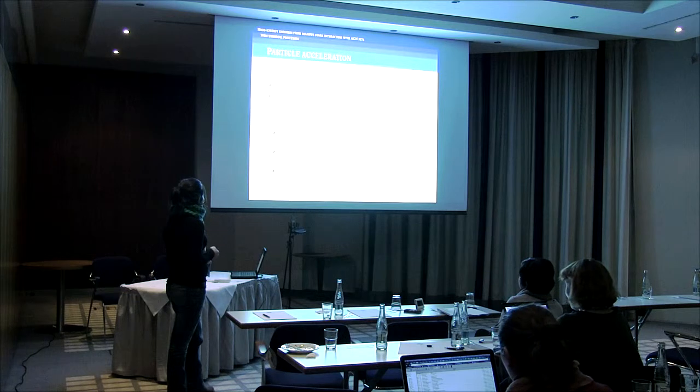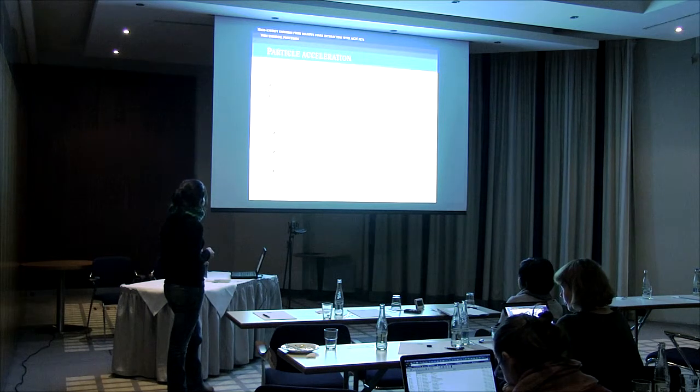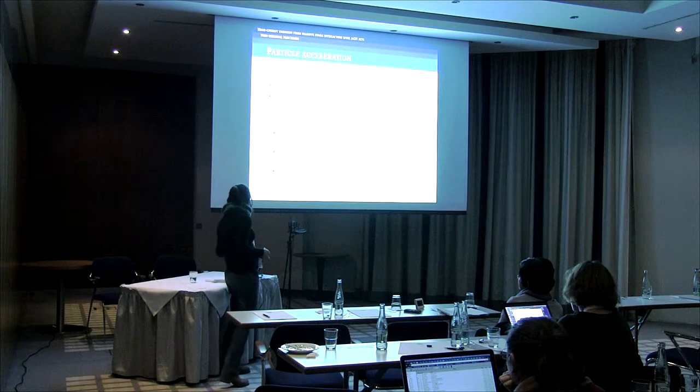And so if we solve this Fokker-Planck equation, we can obtain this distribution, n, that is the number of relativistic electrons. This is the injection function, and this is the energy distribution of electrons. And we want to obtain this distribution, that is the number of electrons, or relativistic electrons.